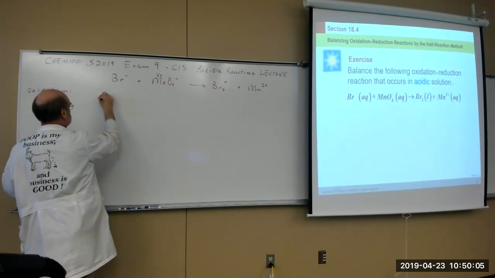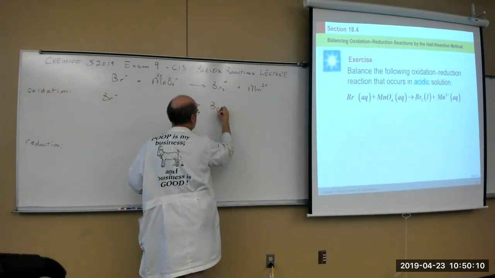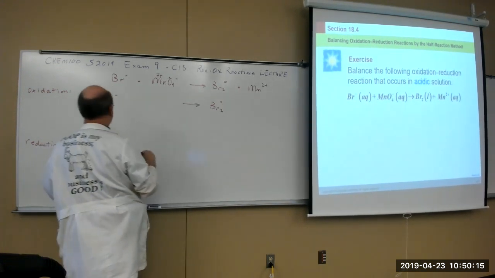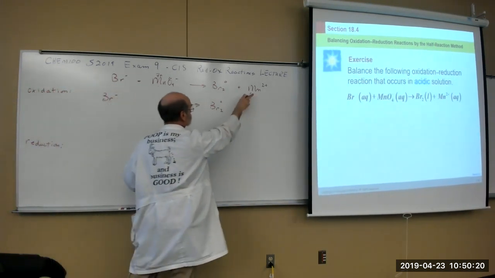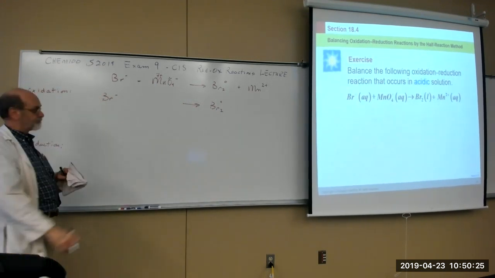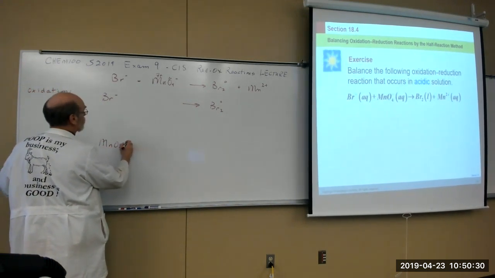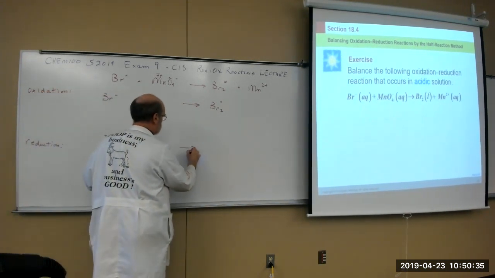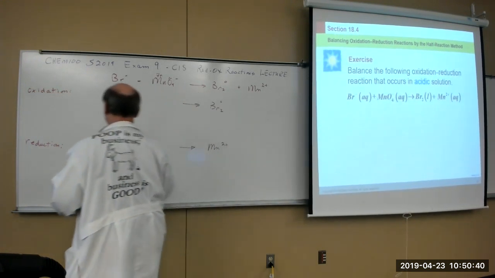So that means Br minus yields Br2 at 0, and that's a minus. And the reduction, manganese went from 7 plus to 2 plus, so it had to gain 5 electrons for each manganese. MnO4 minus, 7 plus for that one. And this manganese is 2 plus. Okay?